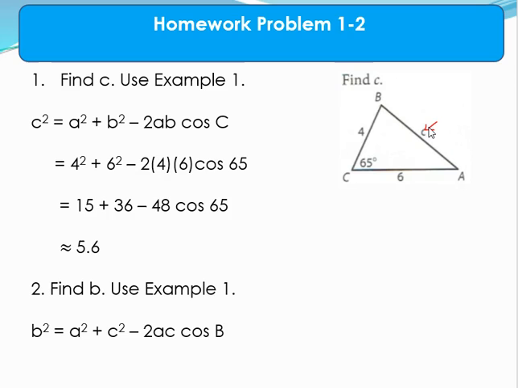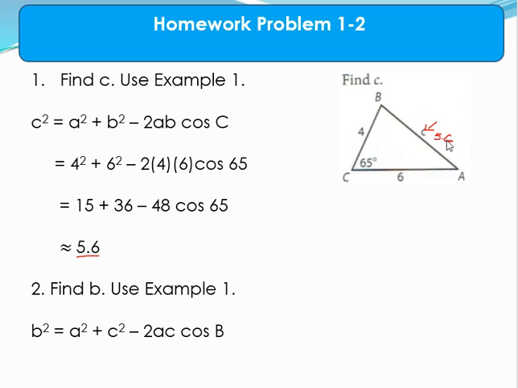So we're going to use the law of cosines that applies to side c. So we have c squared equals a squared plus b squared, and we're going to subtract 2ab cosine C. We substitute our known values in there, and we go ahead and solve, and we end up with approximately 5.6. So side c is approximately 5.6.